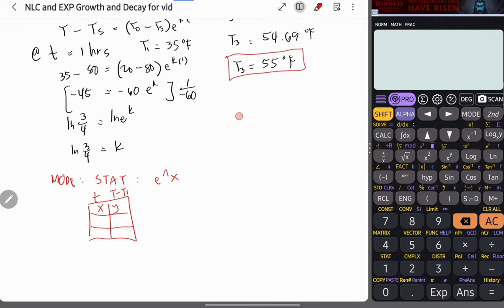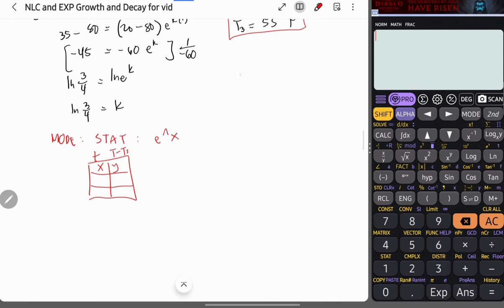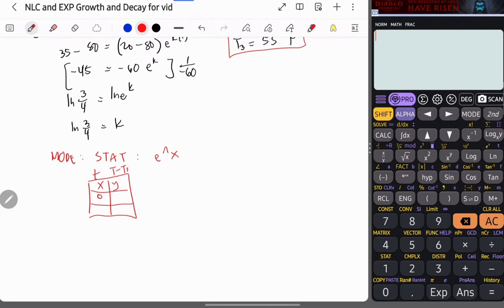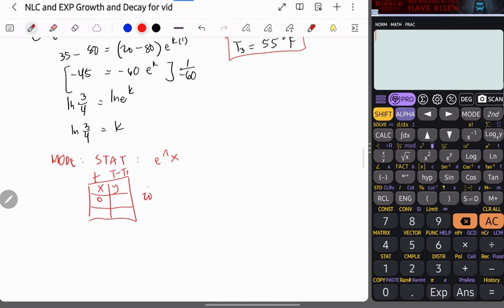Okay? So at t equal to 0, what is the temperature? 20. Ts is 80. So at t equal to 0, the temperature is 20, right? And Ts is 80. So we will input negative 60. But I told you a while ago that you must input here a positive. So we need to swap T and Ts.